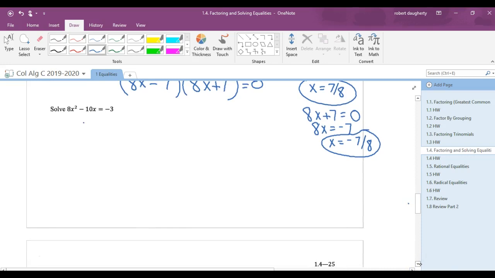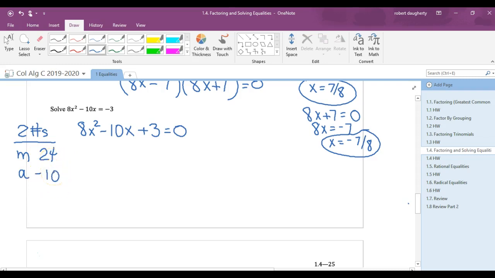So I rewrite this as 8x squared minus 10x, and then what? Plus 3 equal 0. Okay. This is a trinomial. If this can factor, I will be looking for 2 numbers that do what? Yeah, 2 numbers that multiply to 24 and add to -10.